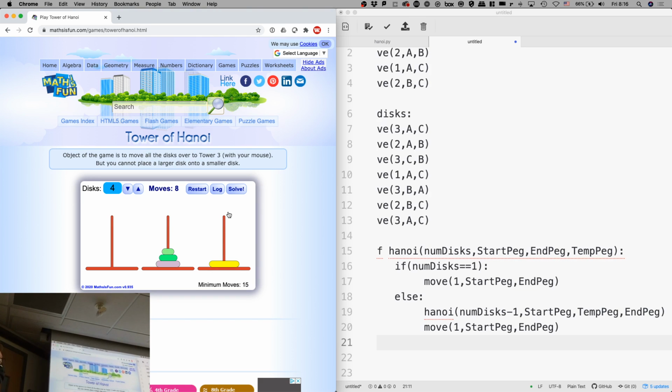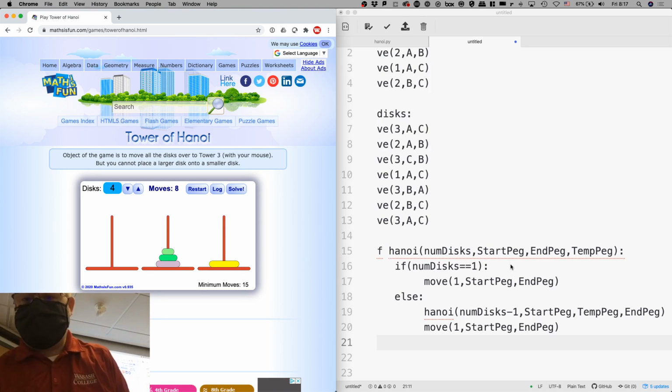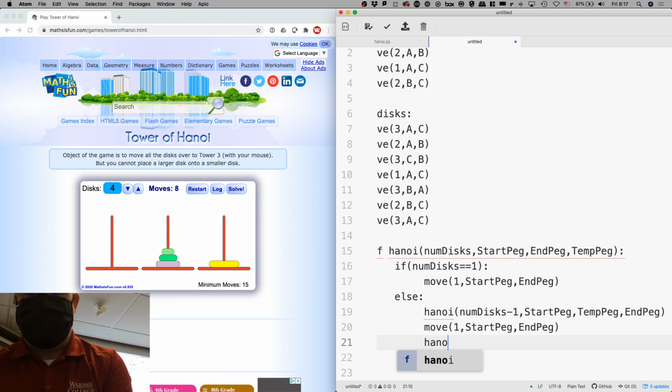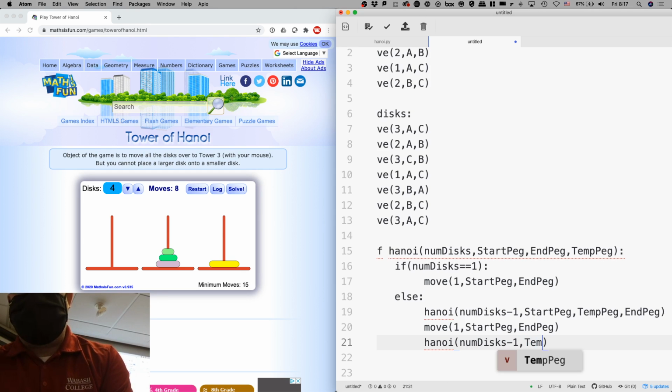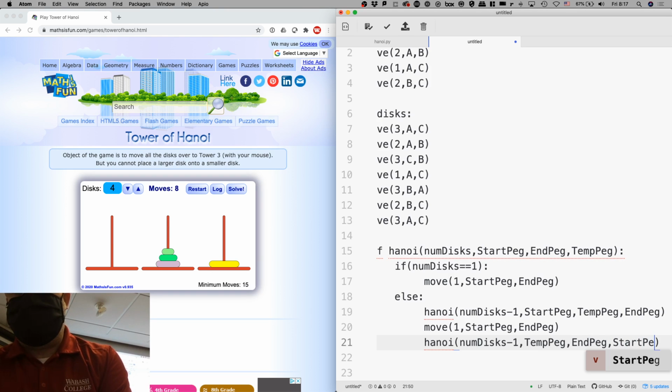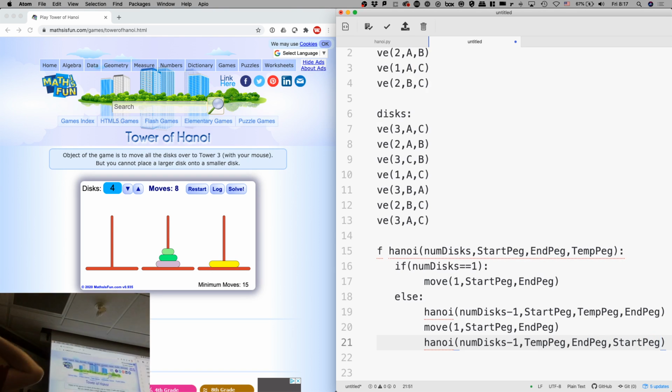What do I need to do next? These 3 need to get moved from the temp peg to the end peg by using the start peg. So that would be Hanoi, num disks minus 1. They're sitting at the temp peg, we want to end at the end peg, and we need to go via the start peg.